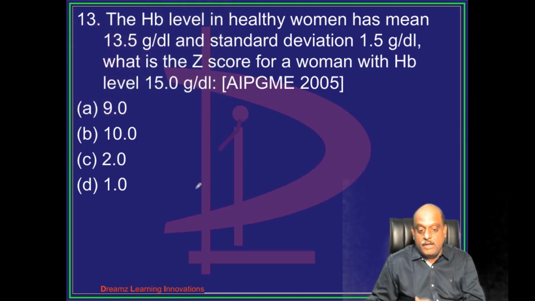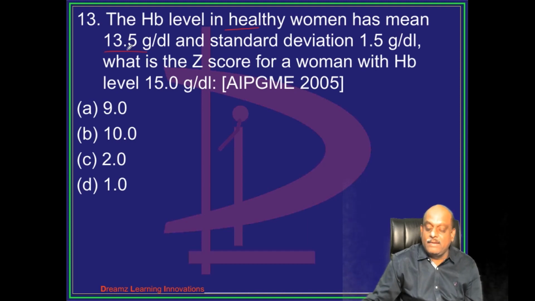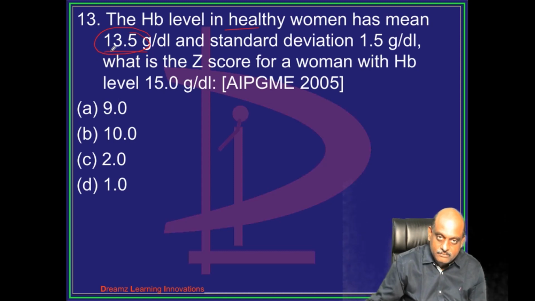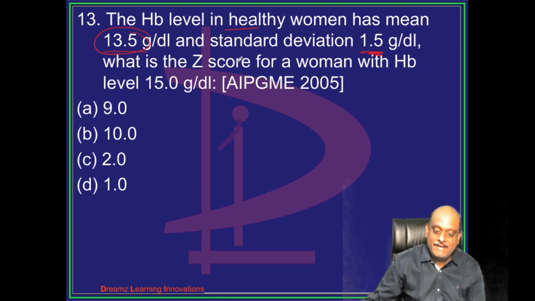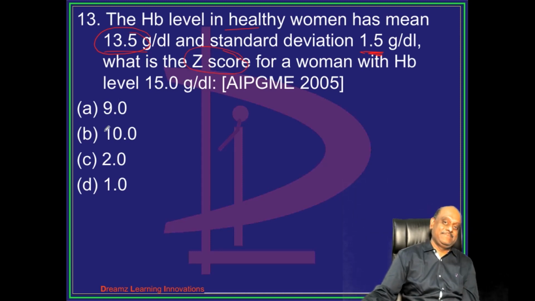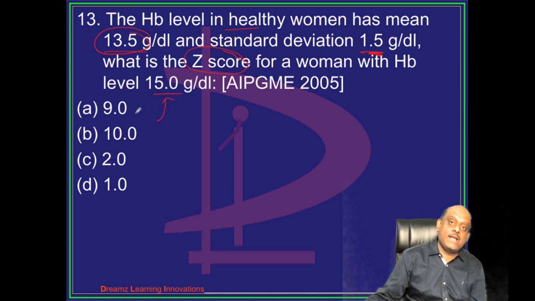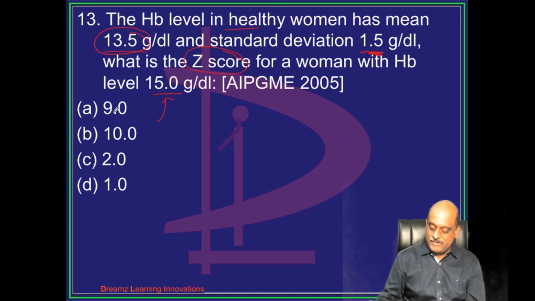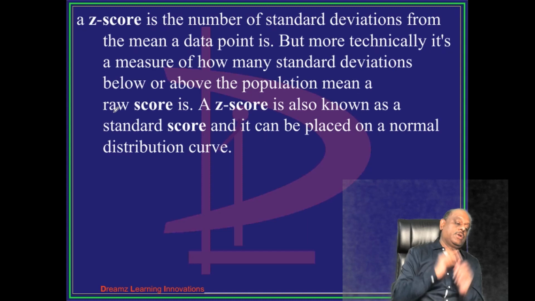Barabar? Now, the hemoglobin level in a healthy woman has a mean value of 13.5 gram per deciliter. Standard deviation is 1.5 grams per deciliter. अच्छा, Z score of the woman whose hemoglobin is 15, उसका Z score कितना है? is the examiner's question. So what is a Z score?